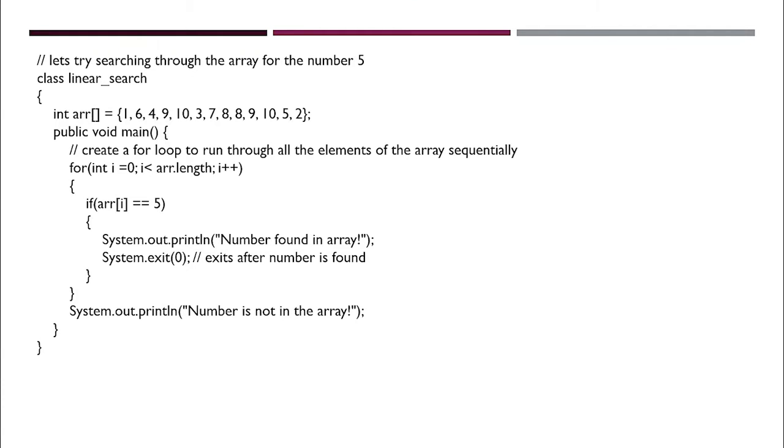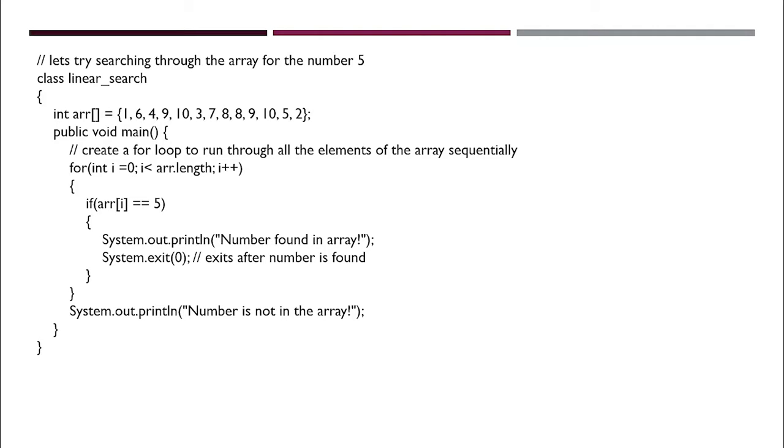Let me show you this in code. So let's say, for example, that we're searching the array for the number 5. So we first create a class, we create an array int arr, and then we define a set of values.